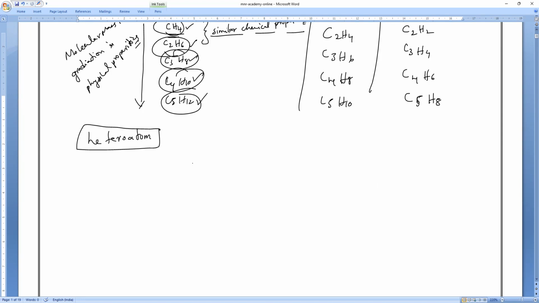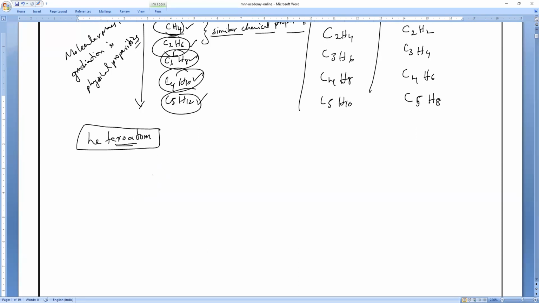So in an organic compound, whatever other compounds we are getting, we can say they are derivatives of hydrocarbons. In all of them, we are just replacing an atom or a group of atoms with some other atoms. Those are what we call heteroatoms.